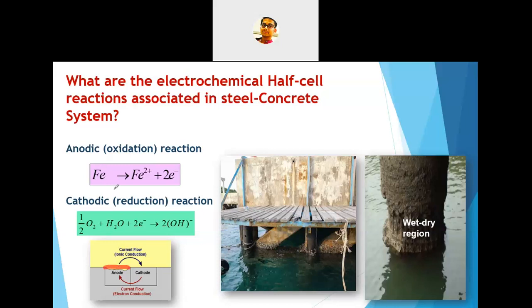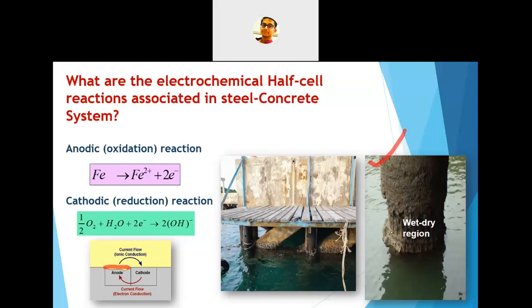And on the cathodic side, where there is an enormous amount of oxygen and moisture, these electrons go to that cathode through the electronic conductor, and there these electrons combine with the oxygen and moisture to form hydroxide ions. Later these hydroxide ions and this Fe2+ react to form the rust. So here you can see this picture.